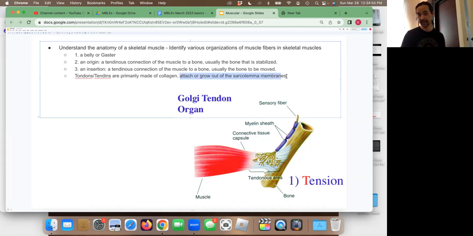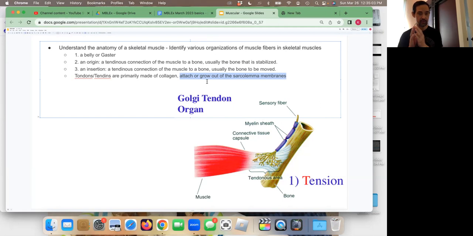And something interesting is that tendons actually grow out of the cell wrapping, or the sarcolemma, of the myofibers, the muscle fibers. I don't think they're going to ask you that, but it's kind of interesting.